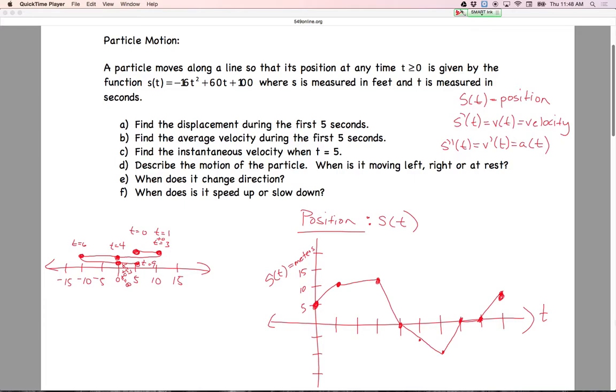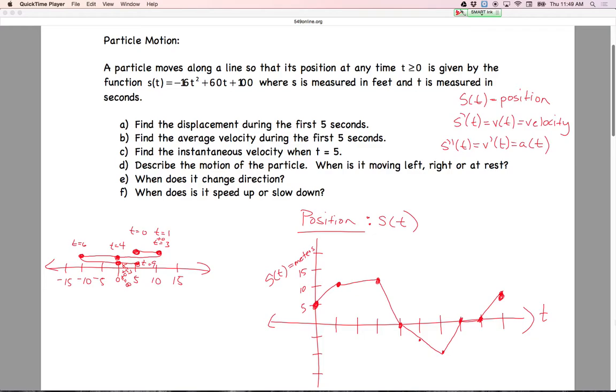What I hope you notice is that I started at 5, right here. Then I moved which direction? Look at the graph. To the right. Then I moved back. Now look at the graph. I moved right. What do you notice about the slopes? Positive slopes.